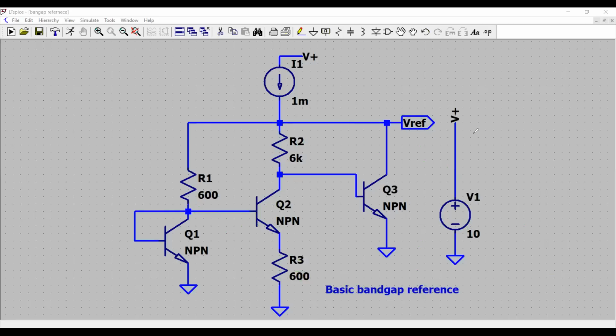Let me get rid of the drawing, and the name of the circuit is basic bandgap reference, as you can see here. So I have picked up the components from the library, which is right over here. Let me show you that.